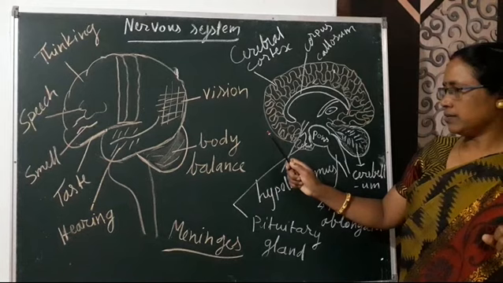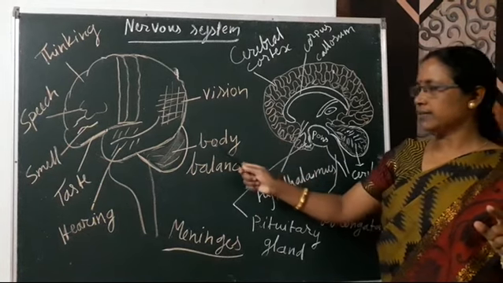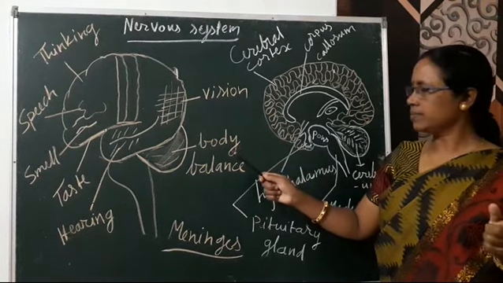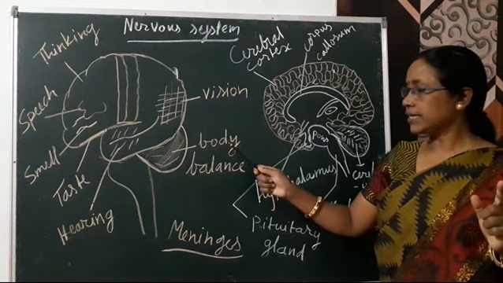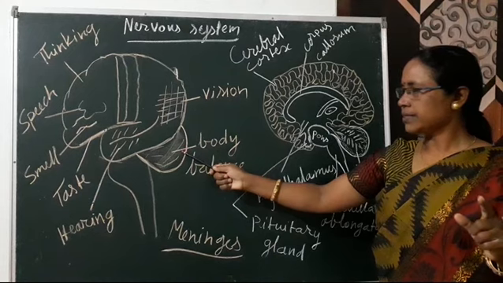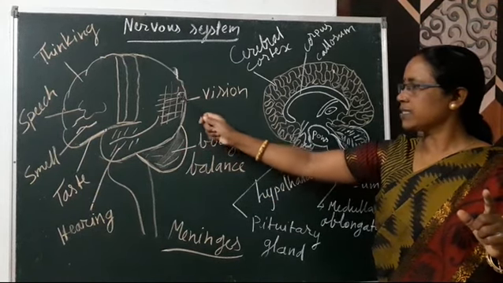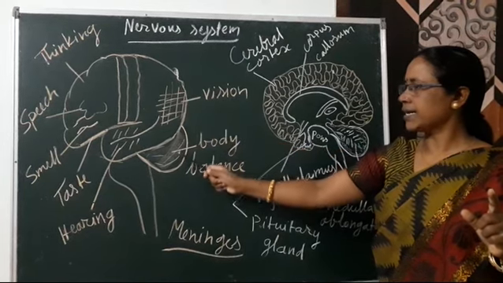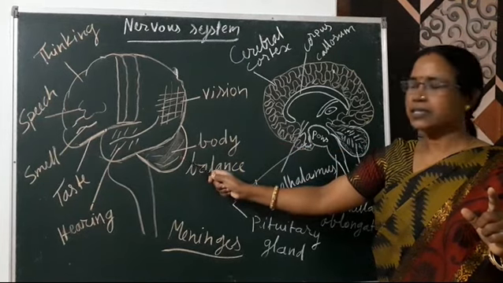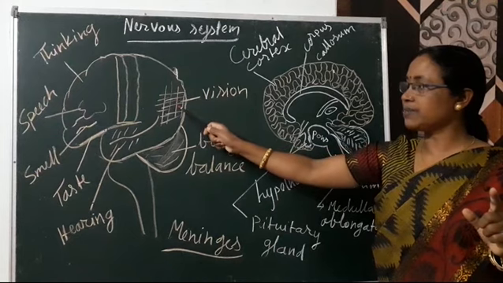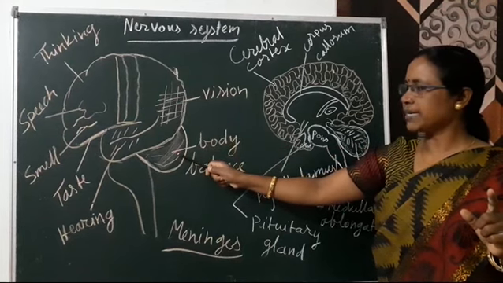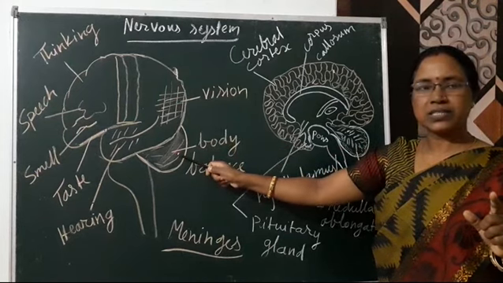So you are asked here to write about the function of cerebellum. Cerebellum I already explained. The impulse, whatever activities it has to do, arises from the cerebrum, and proper timing and coordination of muscular activity is done by cerebellum.